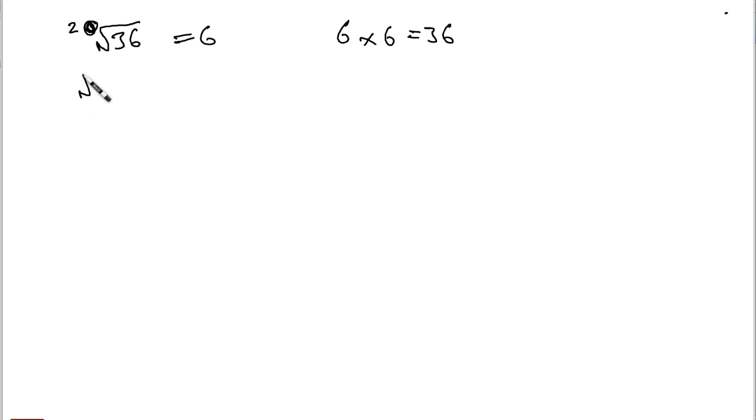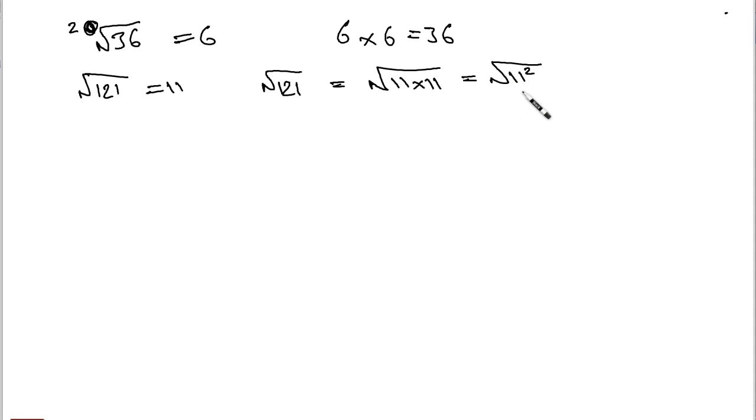So let's find the square root of 121. What number do I write down 2 times, multiply it to give me 121? Obviously the answer is 11. I can rewrite this as the square root of 121 is equal to the square root of 11 times 11, which is the square root of 11 squared.